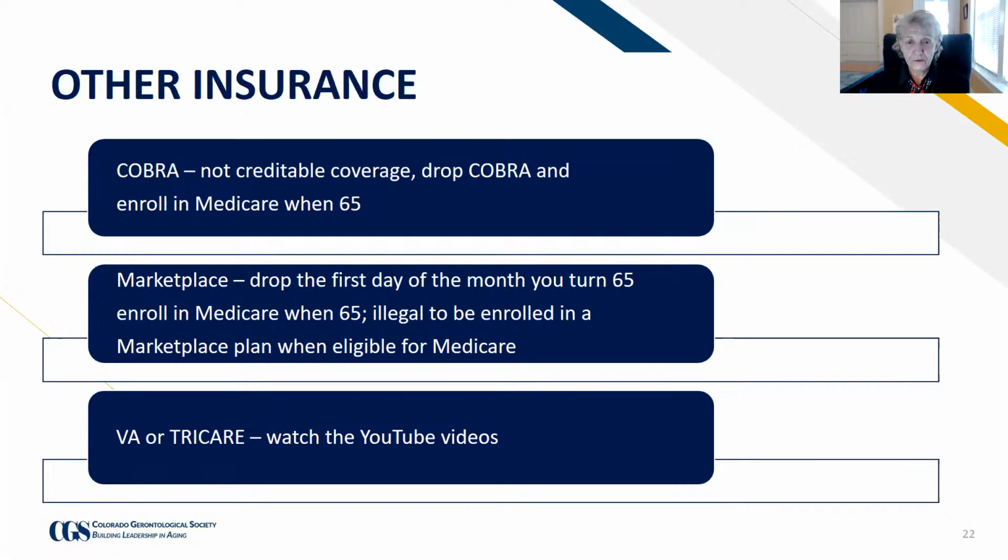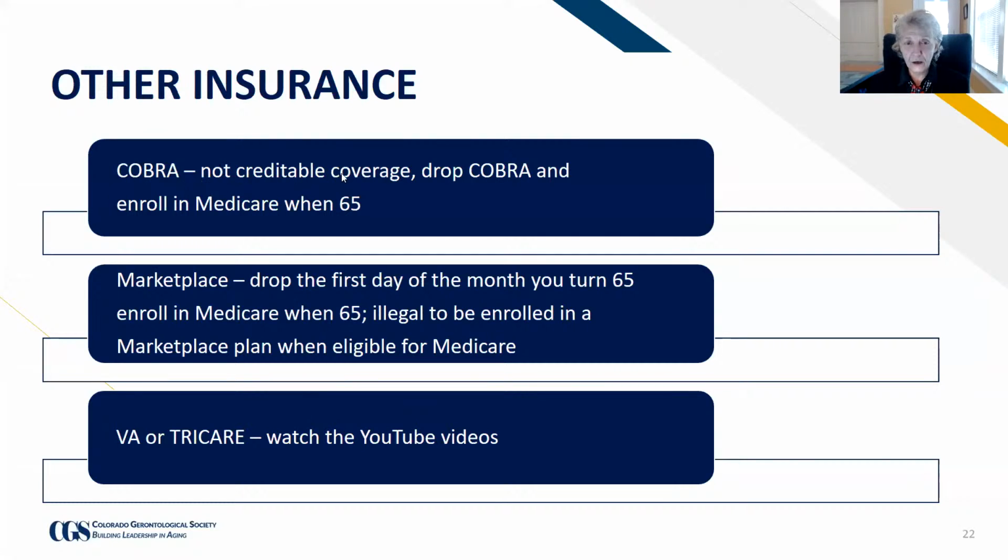So if you are in an employer plan and you leave your employer, and they say, we will pay your health insurance through Cobra, say no. We do not want that, because now you have lost your credible coverage and you will now be facing penalties.